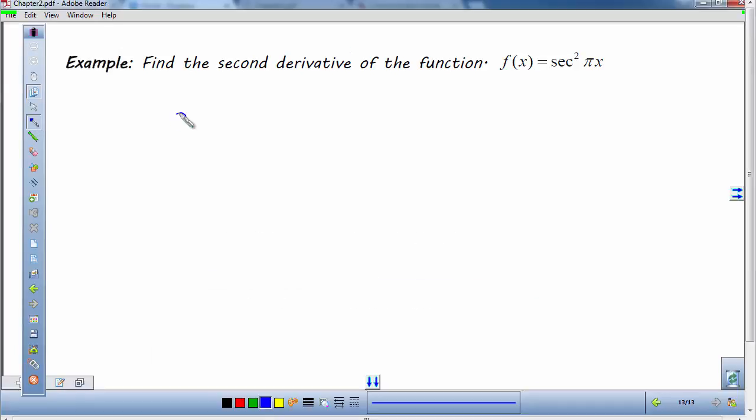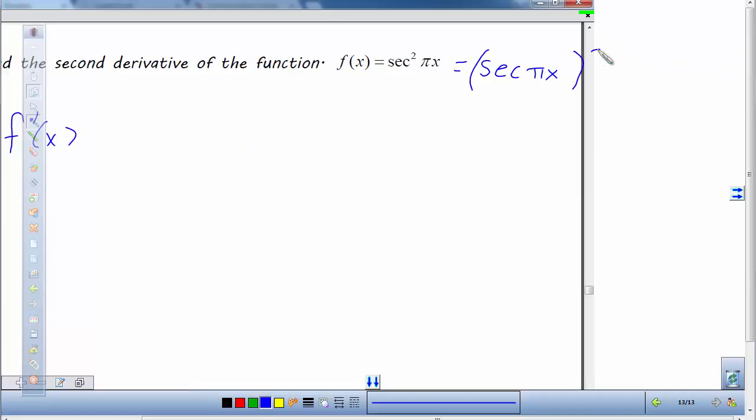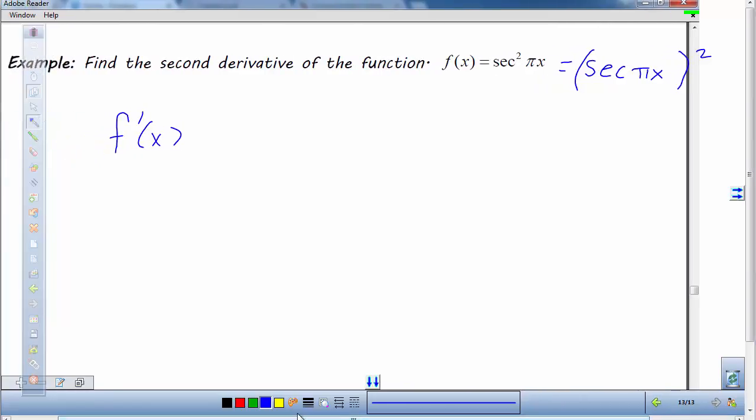Okay, f prime of x. Well, first of all, we need to make sure we understand that this is secant pi x, and it's the secant that's squared, right? So the square is on the outside of secant. So then we get 2 secant pi x. We can write it like that to the 1. We don't need to do that, but for clarity.